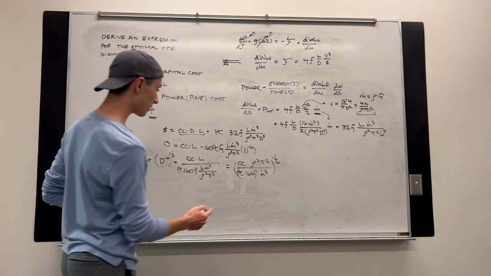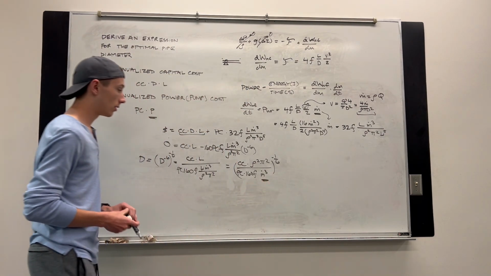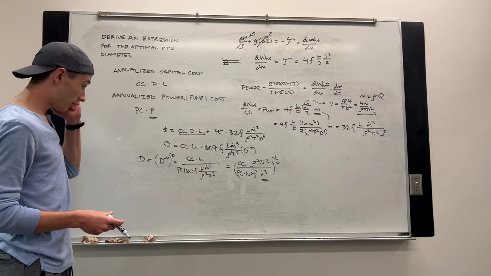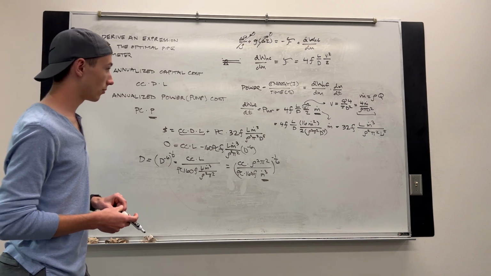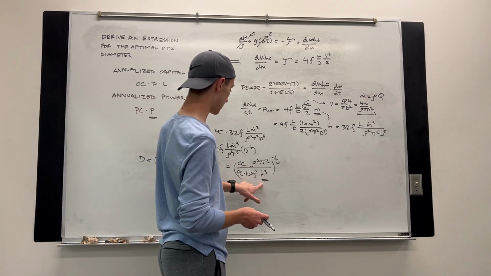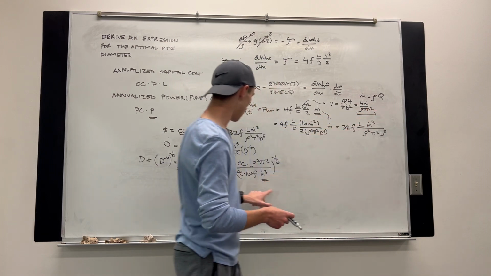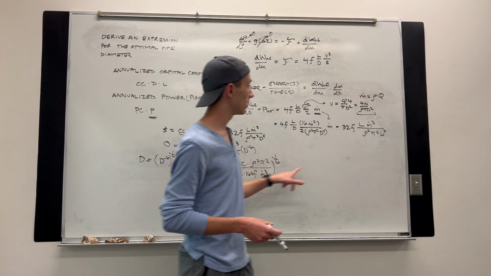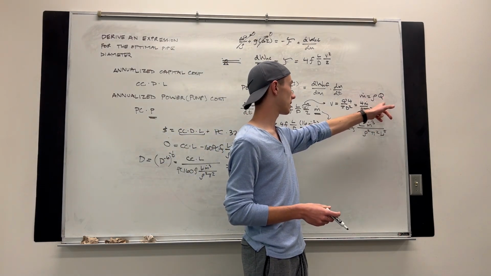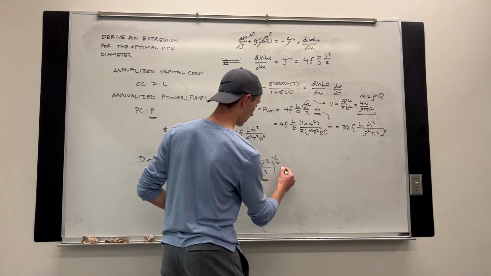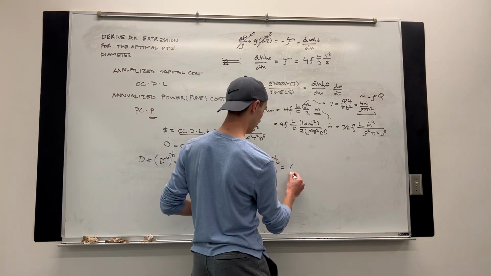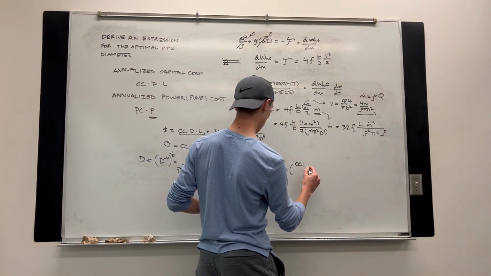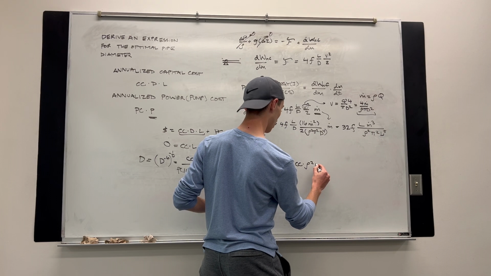Now, this guy right here. So that guy's a little tricky, but if you remember, we already said that the derivative of mass with respect to time is equal to rho times Q. So let's go ahead and bring that out of the equation here. And we're going to get, I'm just going to rewrite this real quick.